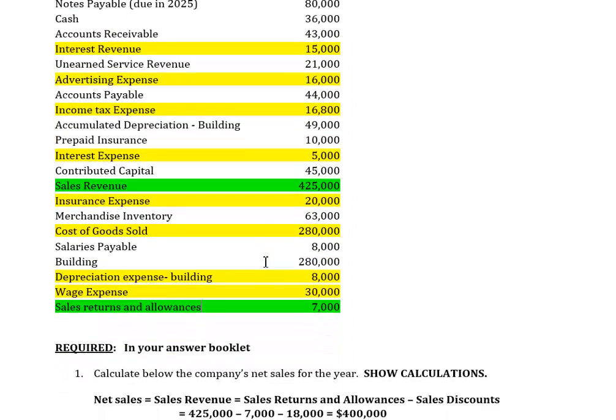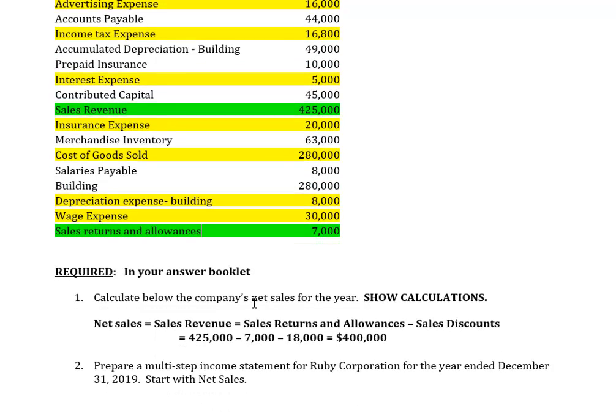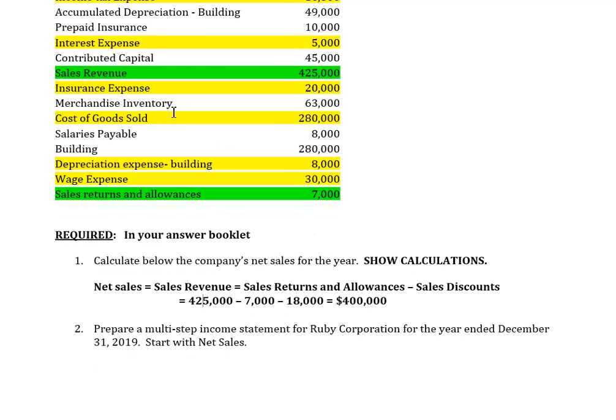So now, we want you to calculate first net sales. And again, you're going to look to the items like sales revenue, sales discounts, and sales returns and allowances. We know that we have sales revenue of $425,000. We have to deduct from that any sales returns and allowances.